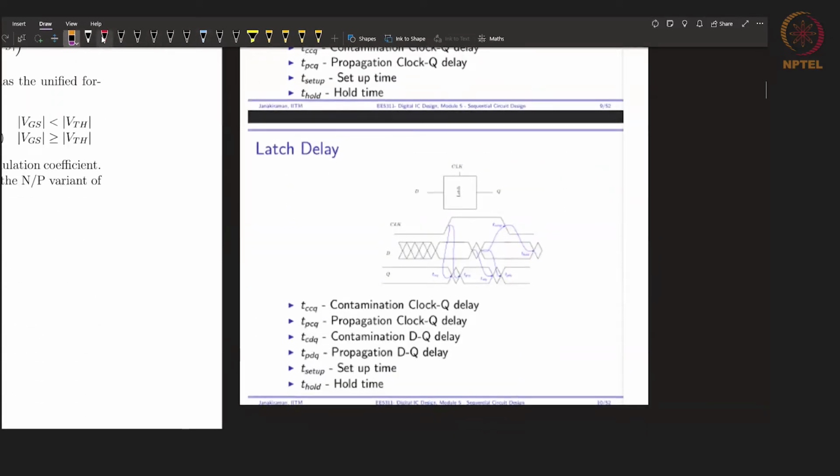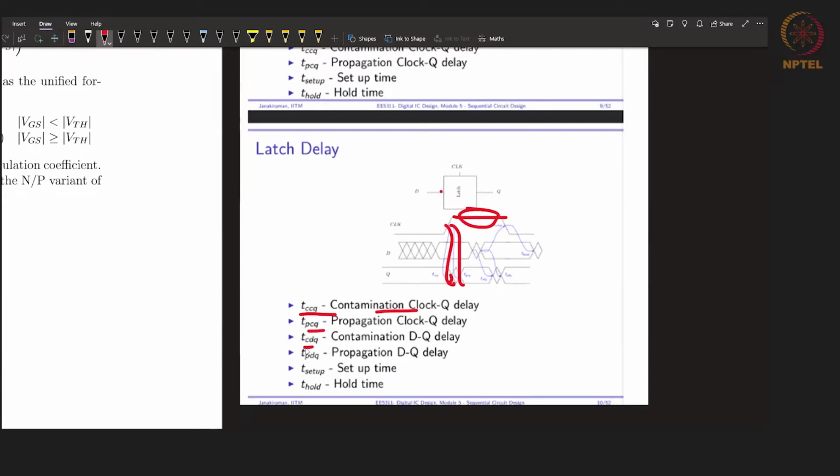Similarly, now we look at the terminologies for a latch-based system. You have a contamination delay, TCCQ, which is a similar definition, a minimum delay. Again, you have TPCQ. Then you have something called TCDQ, because here in the latch, the D element can change because it is transparent throughout the entire region.